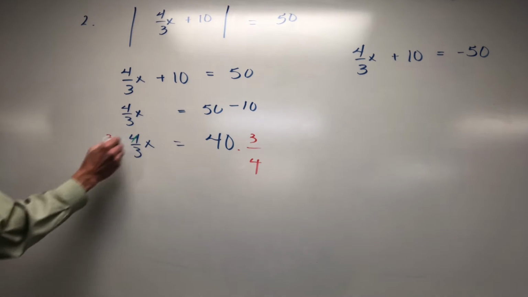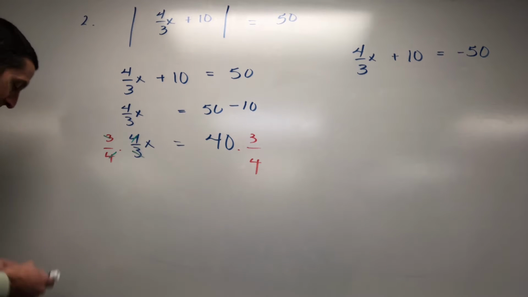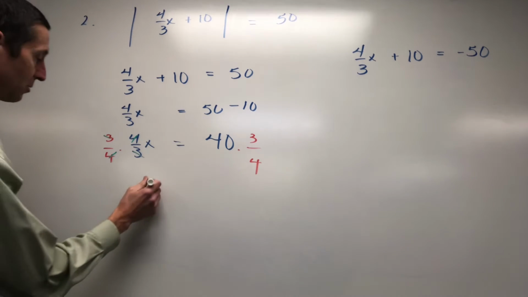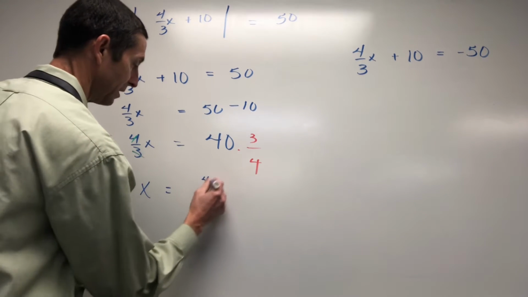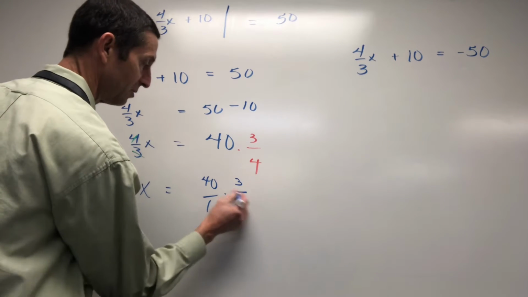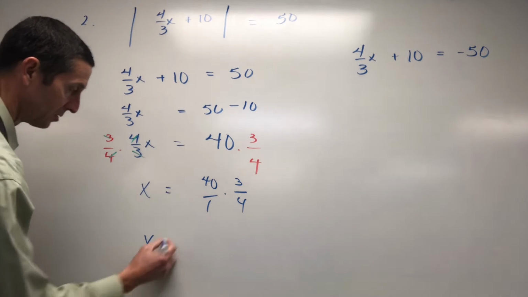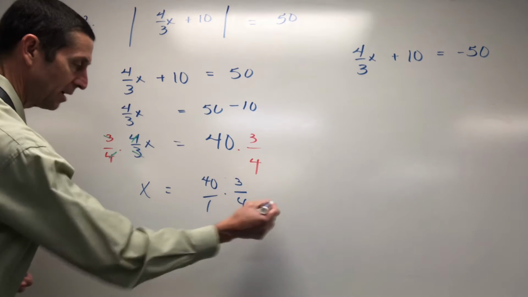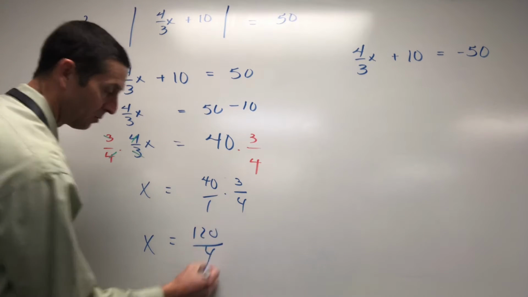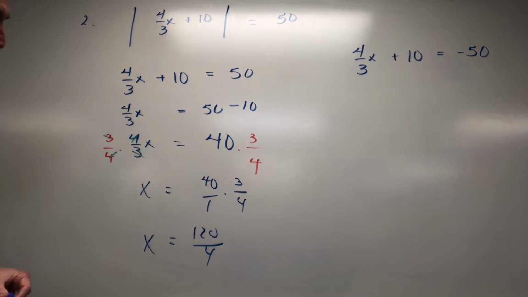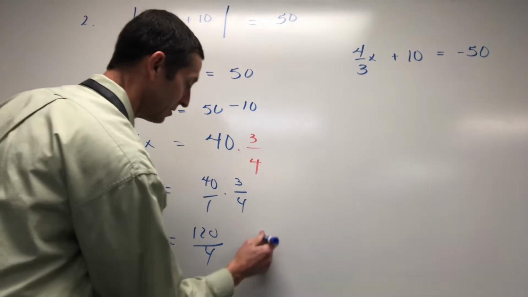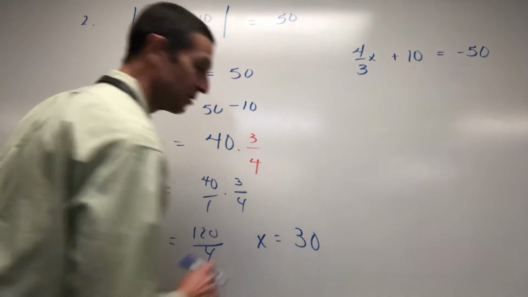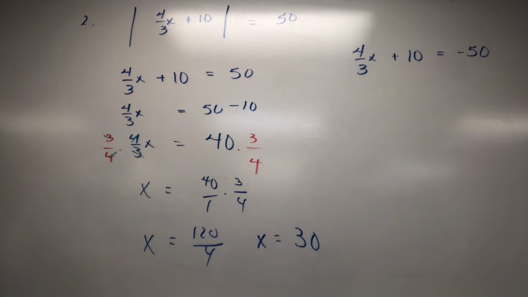Watch this. Boom, boom, cancel, cancel. So x is equal to 40 over 1 times 3 over 4. Multiply top, multiply the bottom: 120 over 4. So x equals 30. There's our first answer.